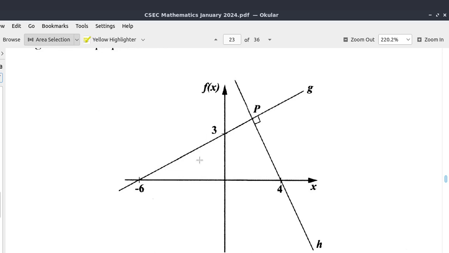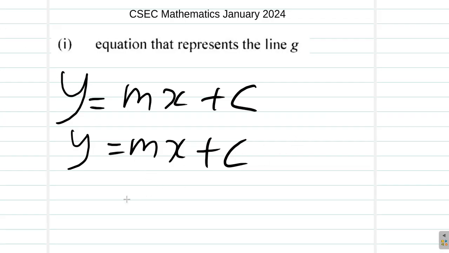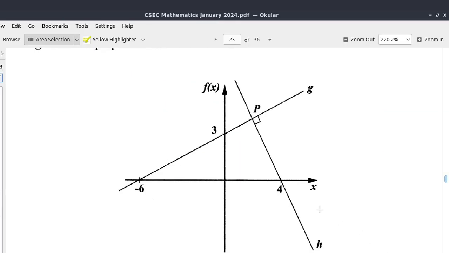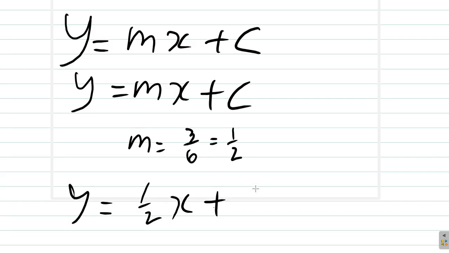So here you have 3 over 6. So the gradient m is rise over run, 3 over 6, which is the same as 1 over 2. So y is equal to half x plus c, and c is 3, so plus 3.